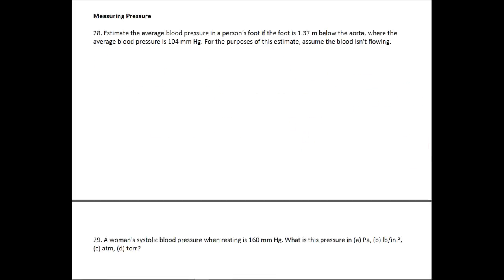For number 29, this will be the last one we do before we go to another video on the buoyant force. This one says a woman's systolic blood pressure when resting is 160. What is that pressure then in pascals, pounds per square inch, atmospheres, and torr? Each one of these we're always going to start with the given, which is 160 millimeters of mercury.